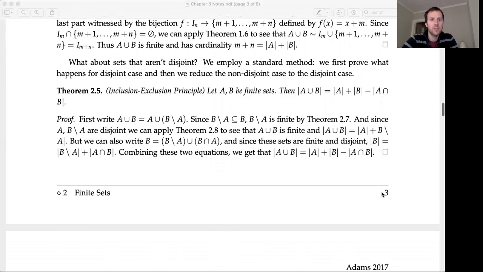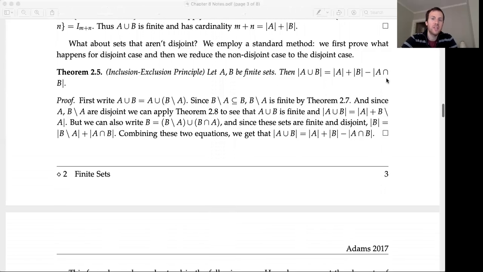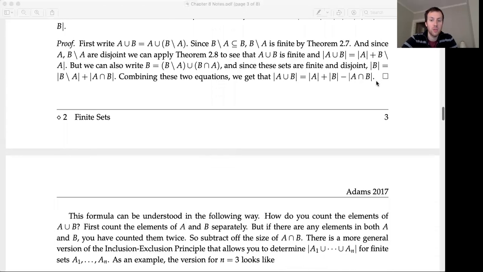What's kind of interesting is there's another way of thinking about where this formula comes from. So this formula right here. What you can also say is, well, how would you count how many things are in the union? Well, first you would count the things in A and count the things in B and add those up.